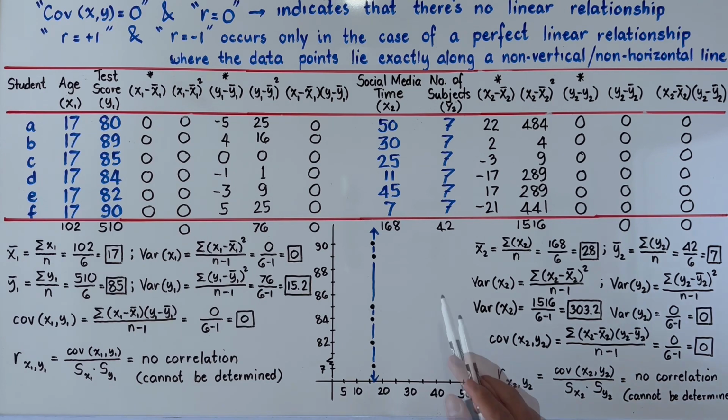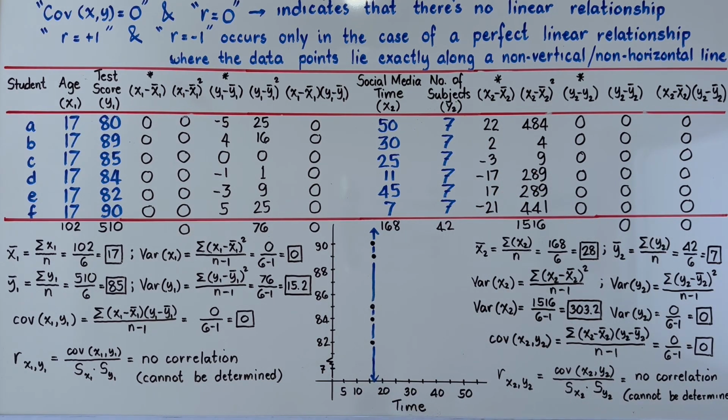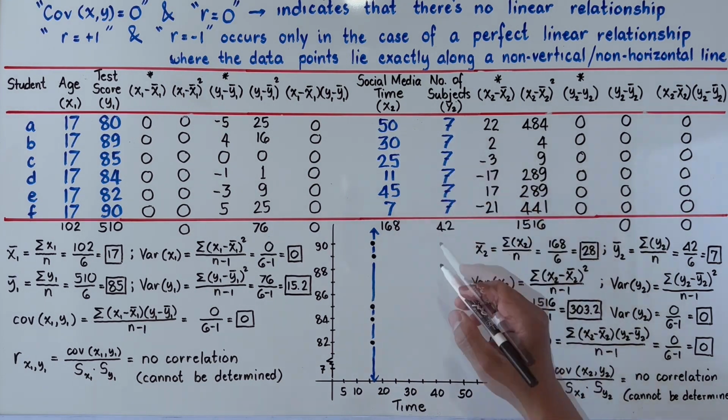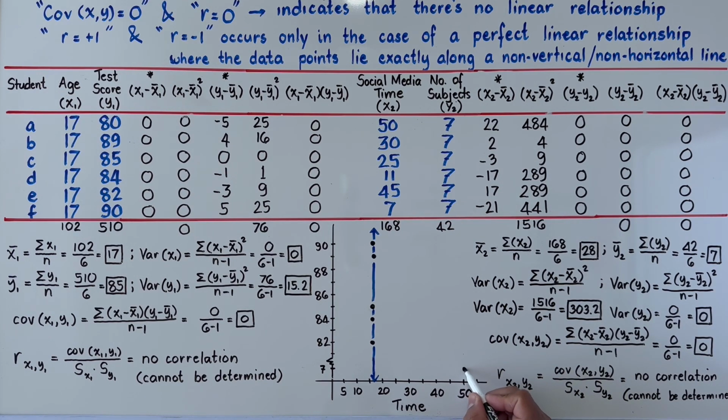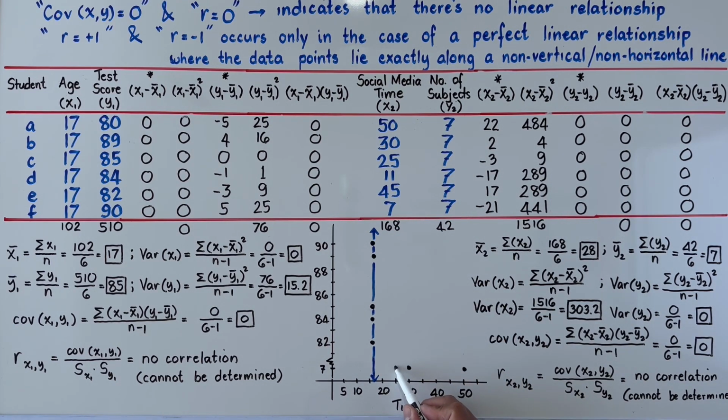So when you plot these two variables in a scatter plot and you use your social media time as your x-axis, and your number of subjects enrolled is your y variable, then when your social media time is 50, the number of subjects enrolled is 7. And when your social media time is 30, 7. The third student, 25 minutes social media time, number of subjects enrolled, 7. 11, it's also 7. And then 45, it's also 7. And then 7 is also 7 here.